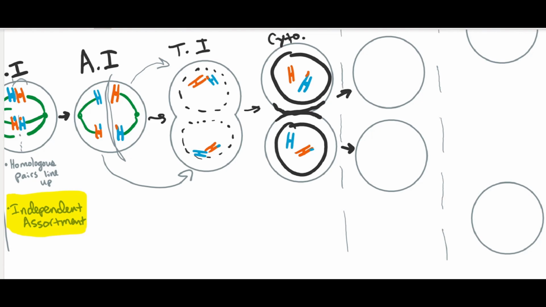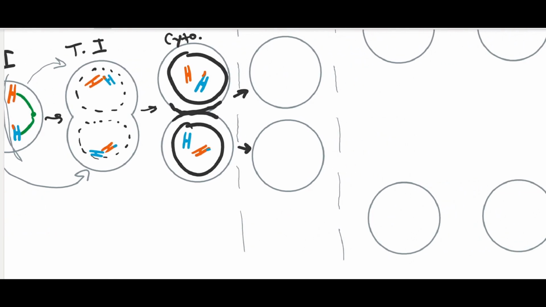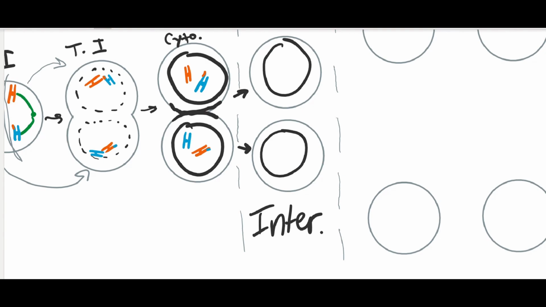All right, now something that's really important to see here now, though. All right, so now the cells are in interphase again. They're done with meiosis 1. They still have to go through meiosis 2, though. All right, so here we have our cells in interphase, but how many chromosomes are in each cell in our drawing, right? How many do we have? We only have 2 in each cell, right?